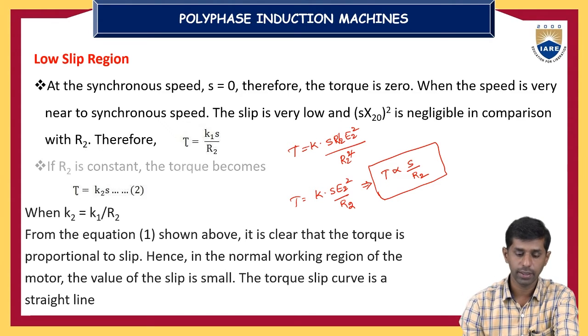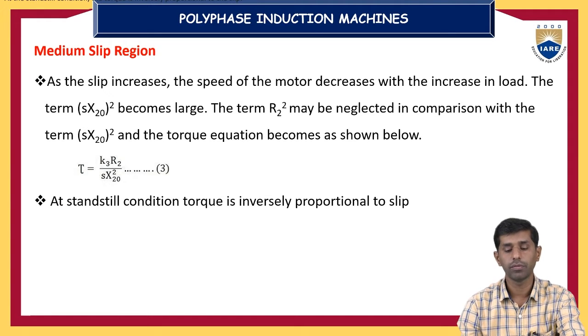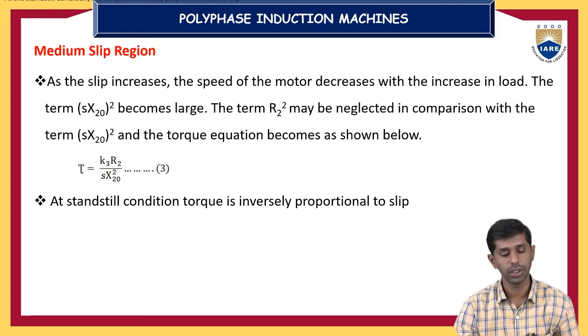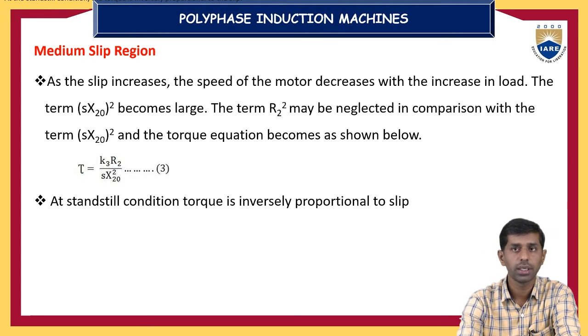Next, in the medium slip region, as the slip increases, the speed of the motor decreases. Slip is nothing but the difference between the speed of your magnetic field and the rotor. So slip increases means obviously your rotor speed decreases. In that case, the standstill reactance becomes larger than your rotor resistance, so we will neglect the rotor resistance.